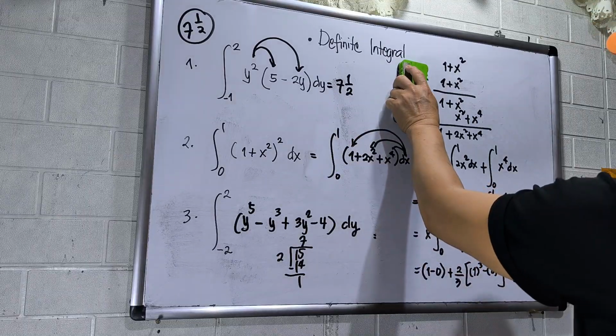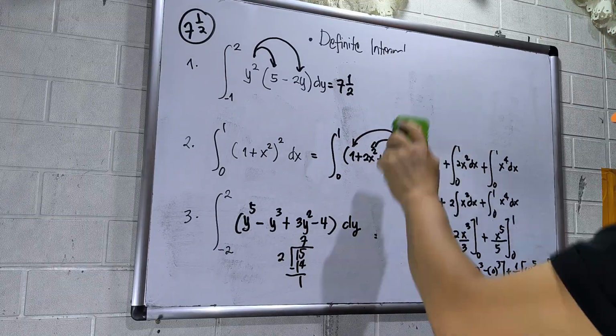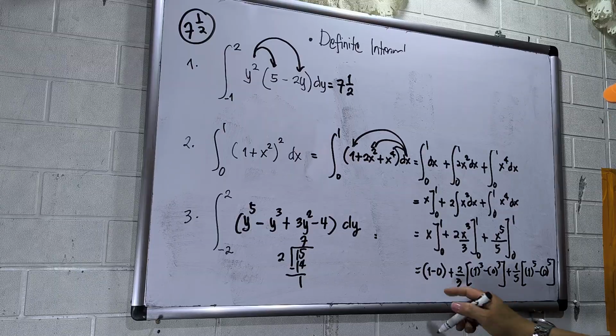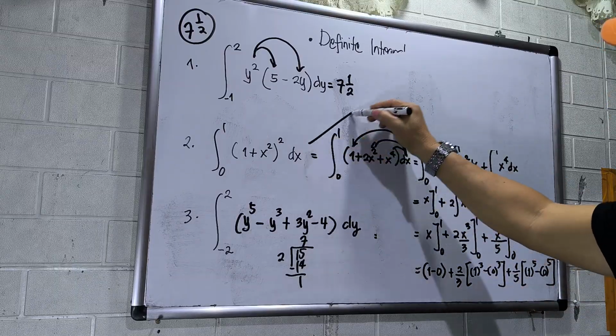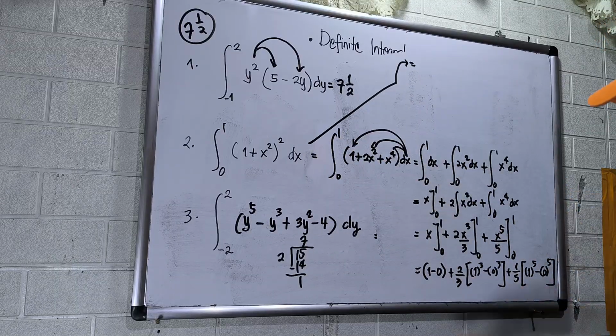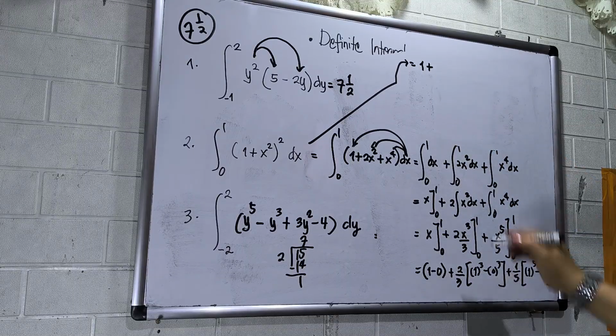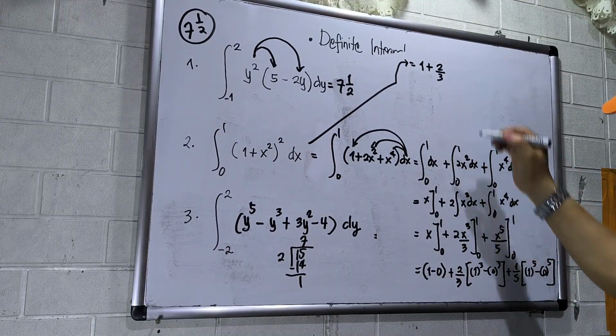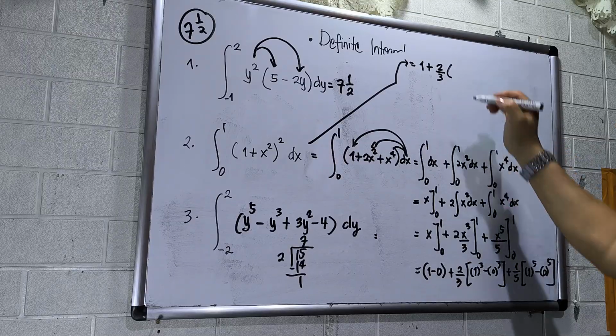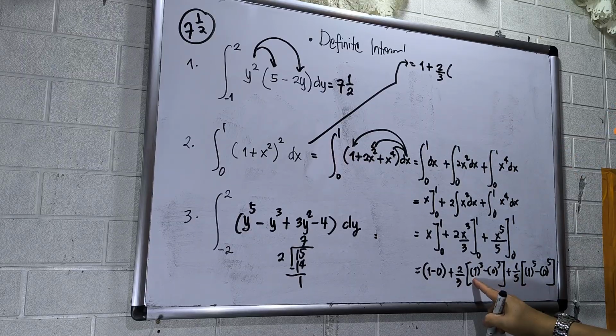Okay, allow me to erase in here. So 1 minus 0, right? 1 minus 0 is 1, plus 2/3. Then this will be circle brackets 1 to the power of 3, that's still 1, minus 0.